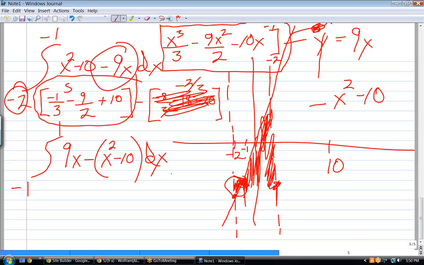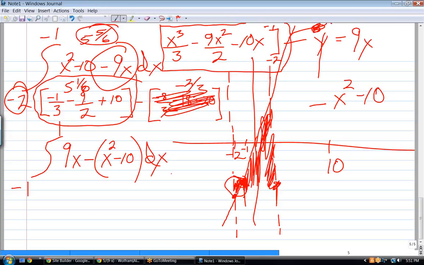So over here we have 5 1/6. We're subtracting a negative 4/6, so we get 5 5/6. So this whole thing is 5 5/6.